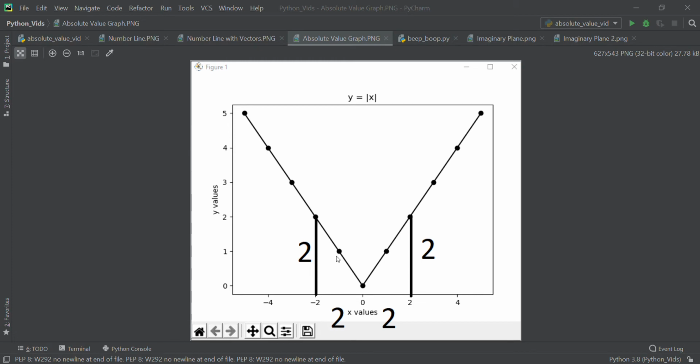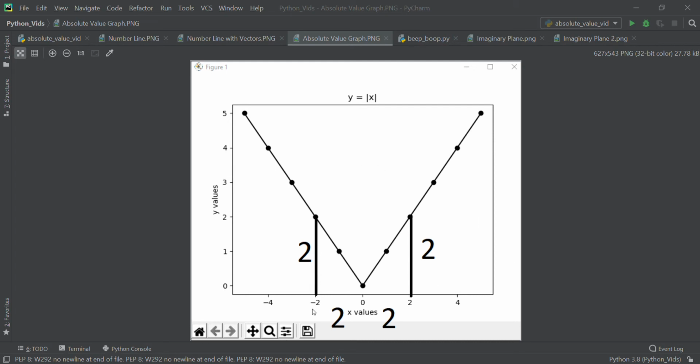And as you can see in the markup here, we're 2 away from 0, right? And then in our x-axis, and we are also on this y-axis 2 away from 0. It's a positive 2. So the absolute value of 2 here is a positive 2 on the y-axis.